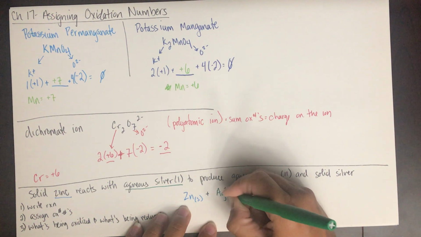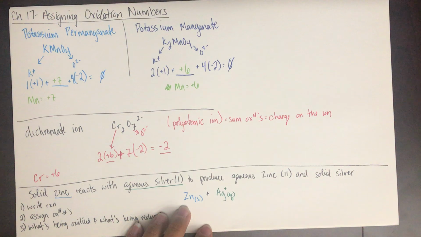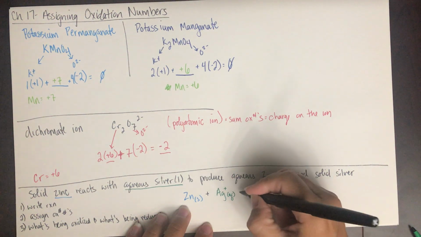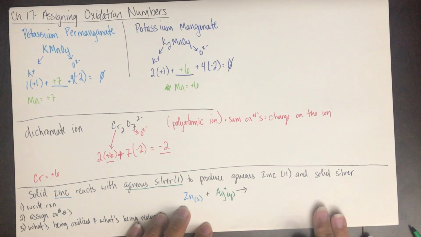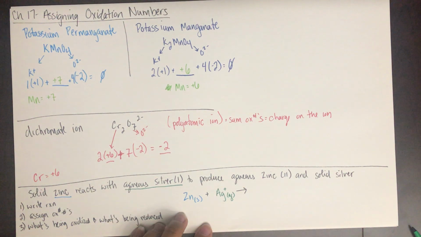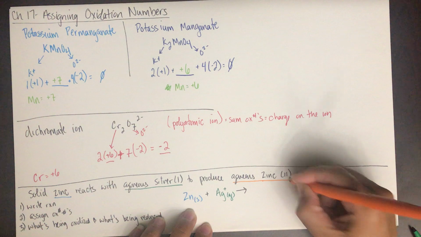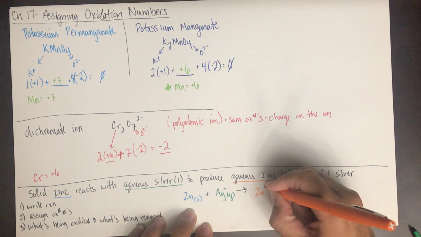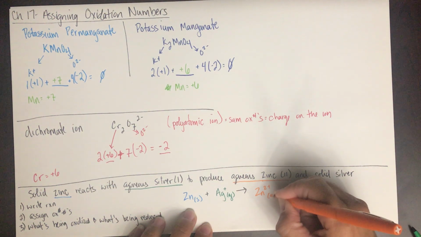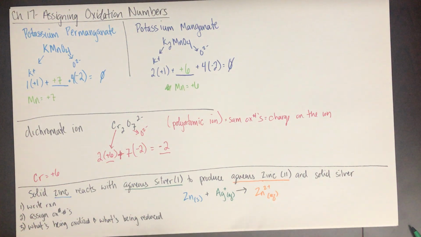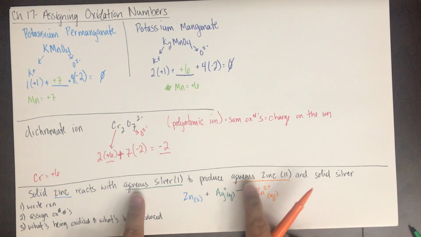Silver 1 aqueous. And then it says to produce, so that means there's my arrow, aqueous zinc 2. So that's the zinc 2 plus ion, aqueous. We know ions are aqueous, so that's a clue that these are ions.